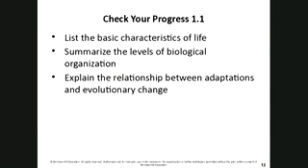So check your progress. I won't do these every single lecture, but just as the first one here, what are some of those basic characteristics of life? Need to reproduce, respond to the environment, the different levels of biological organization going from the biosphere down to the atoms, and we can either go smaller or we can go larger.